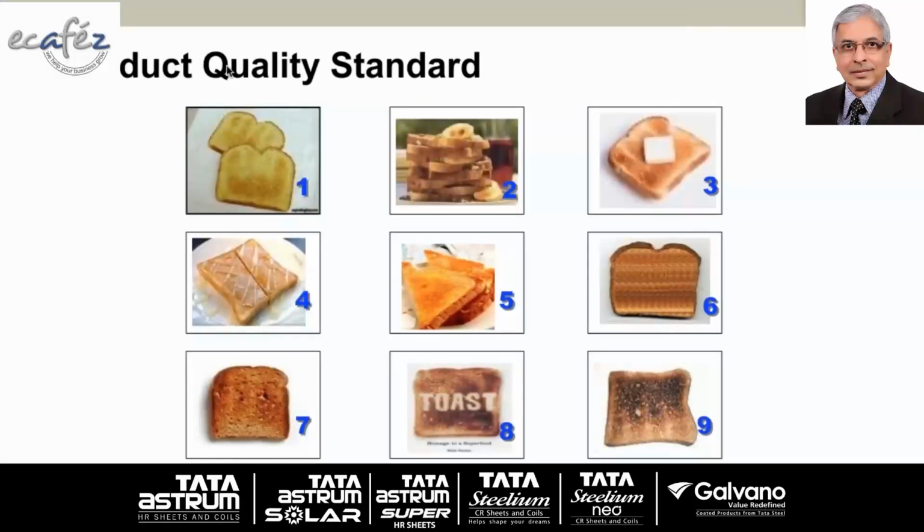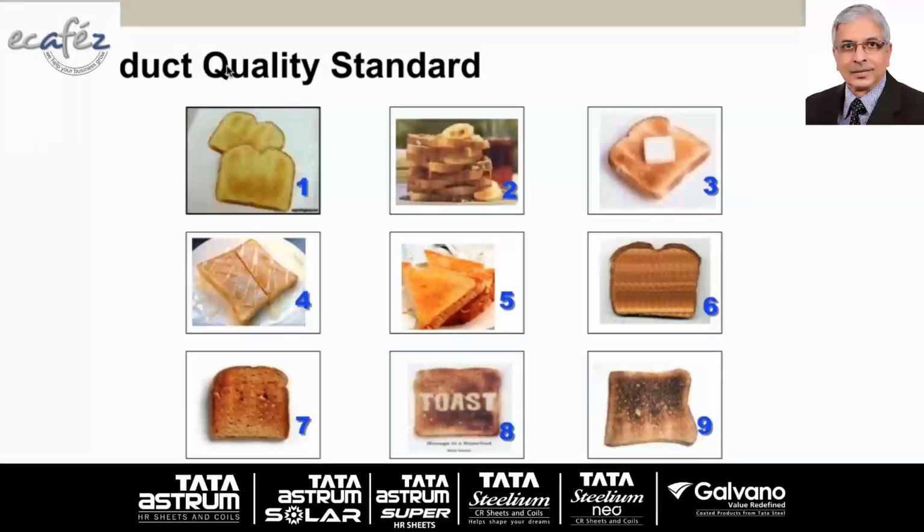Here you see now the nine varieties of toast presented, classified depending on the quality. First, 1, 2, 3, 4, 5, 6, 7, 8, 9, as you are seeing. These are the 9 varieties of toast being produced in the toaster. And here you have to identify which is the best quality, and the practical solution is the visual quality.